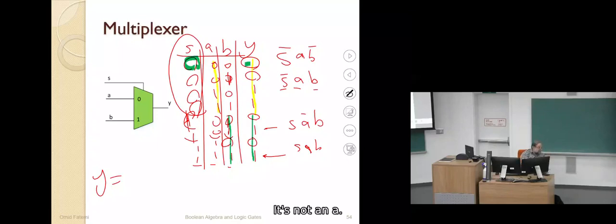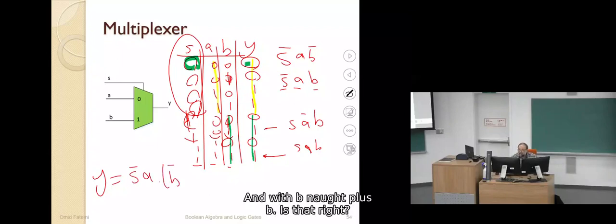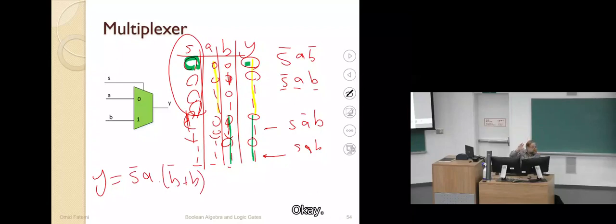S naught and A, yeah? Exactly, you said it correctly. So we factor S naught A. So it would be S naught A and with B naught plus B. Is that right? Agree? Okay.